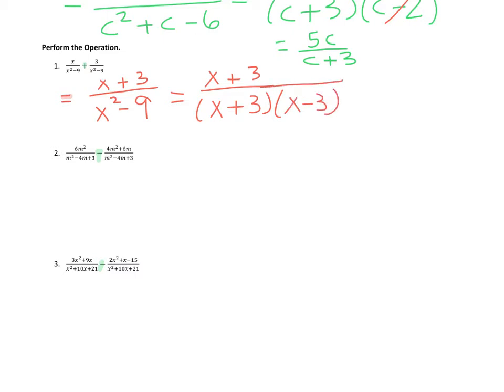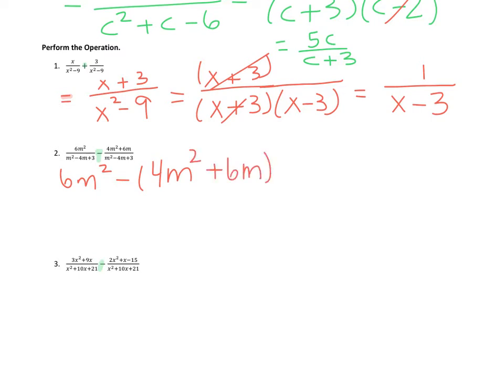All right, in this first example, notice everything cancels in the top, and it's a good reminder that when everything cancels in the top, we're left with a 1. Let's see what happens on the bottom. For number 2, did you remember your parentheses around that second numerator? Again, the parentheses make sure we're subtracting the whole numerator, not just one term.